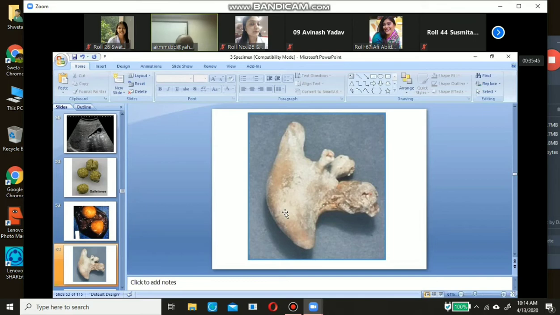Usually these are phosphate stones, and phosphate stones usually become very large. A large stone is almost always phosphate, and the surface of the phosphate stone is smooth. You see the surface of the stone is smooth.